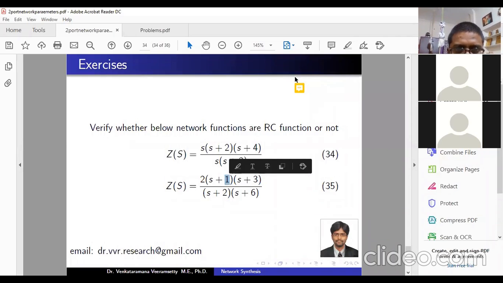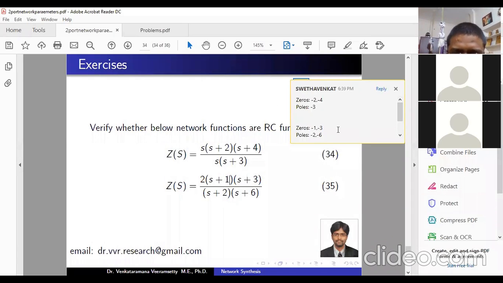Then what are the roots? Suppose we take 1 plus 7. Then this zero becomes minus 7. Then all the zeros and poles are on the real axis, that is satisfied. And they also come in alternating fashion: pole minus 2, zero minus 3, pole minus 6, and zero minus 7.